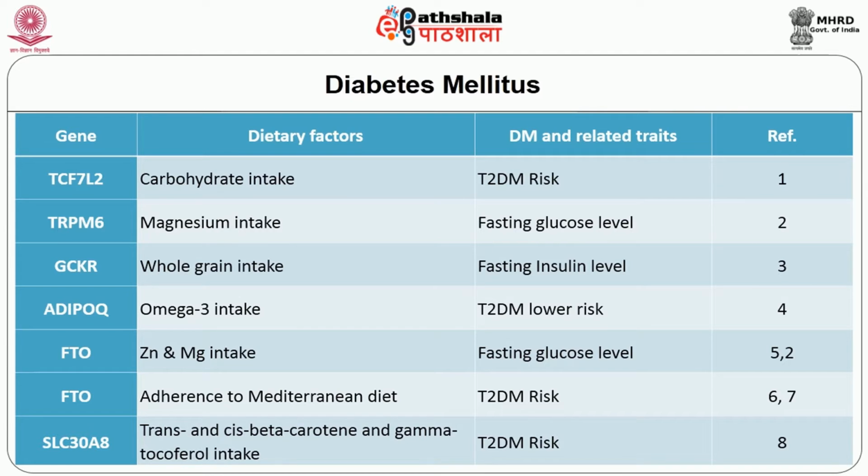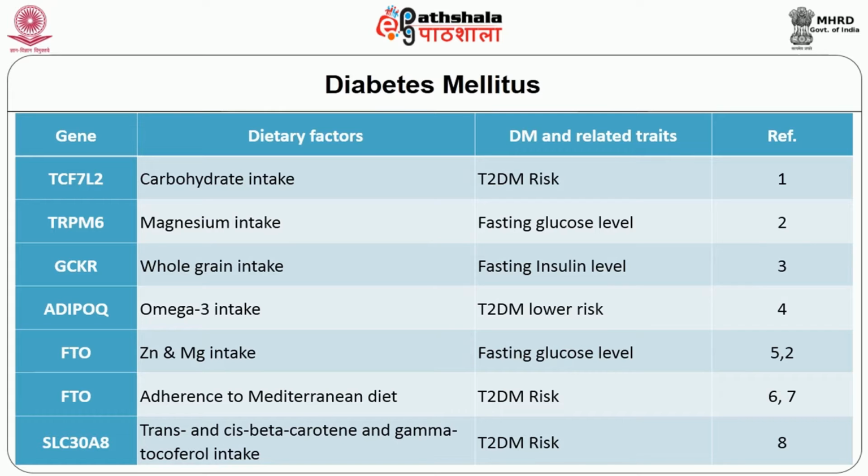Again, this has an implication on fasting insulin level, and omega-3 fatty acid intake lowers the risk of type 2 diabetes mellitus, and of course zinc and magnesium again reduce fasting glucose level, and adherence to the Mediterranean diet is also a risk for type 2 diabetes mellitus.